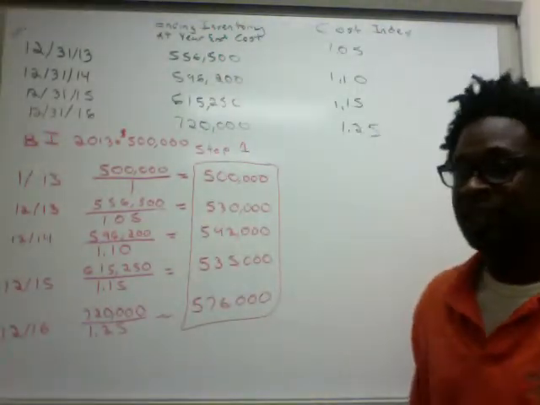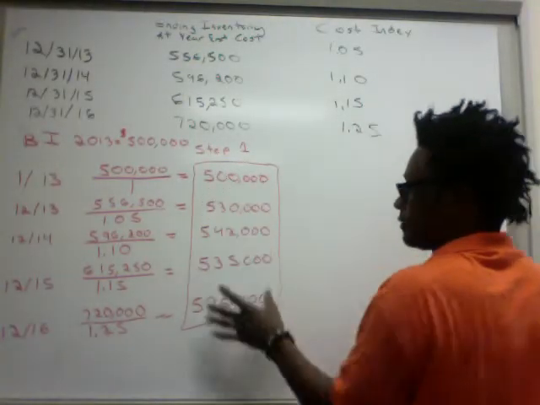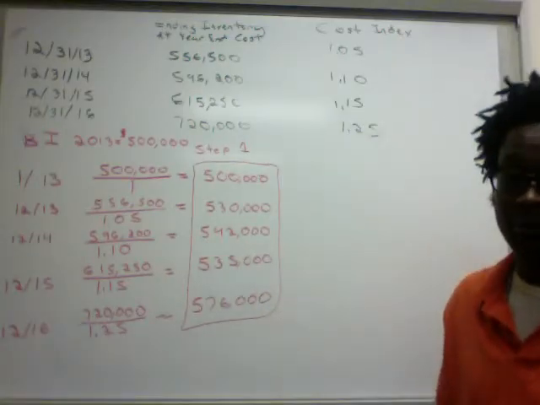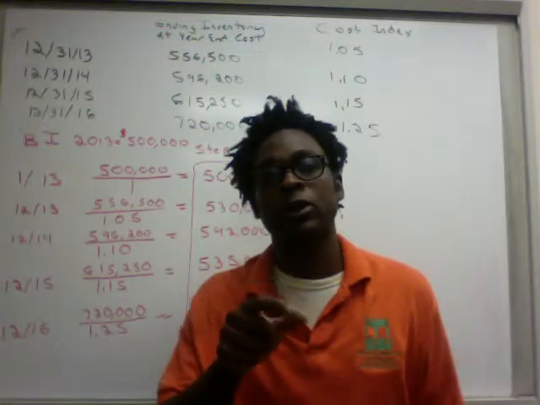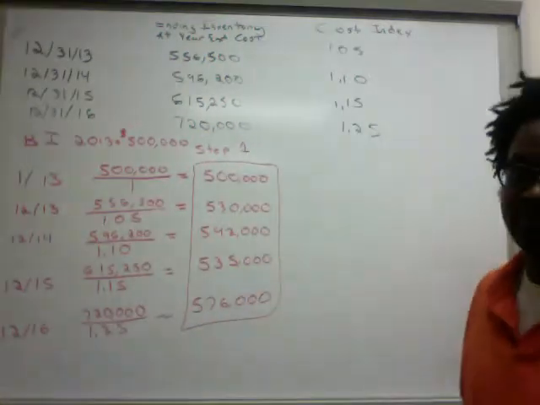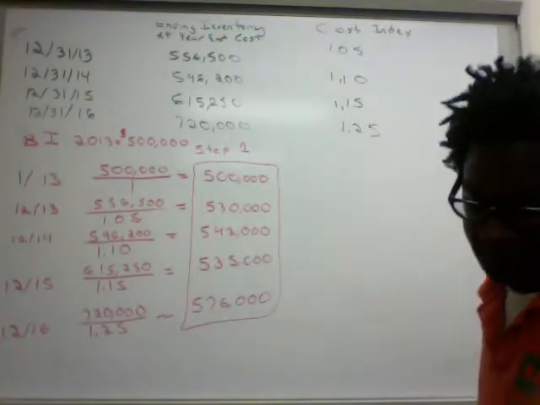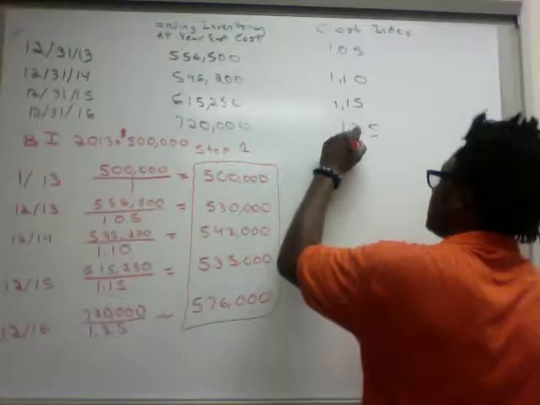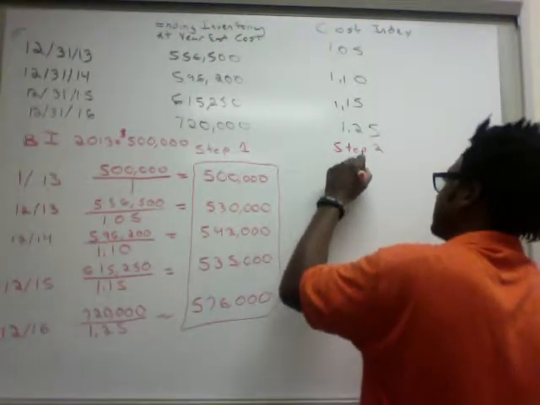It's easier for you to see what I'm saying, but what you have to do is pay attention to how the rise in the value of our inventory is increasing, and by that amount of the rise, we're going to apply the cost index to that. So for example, for the first year, step two, our base is 500,000.